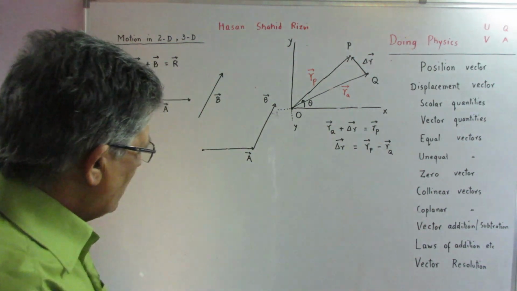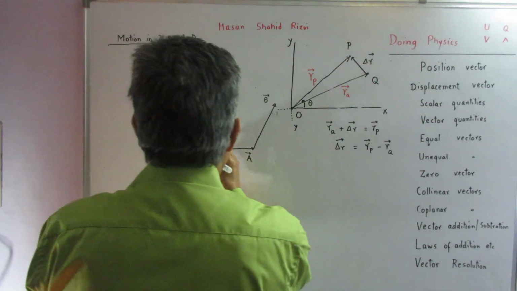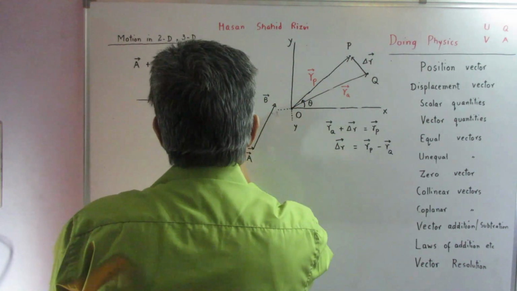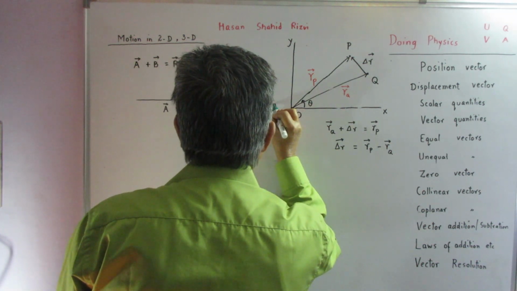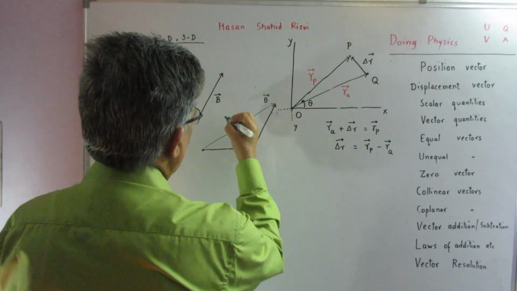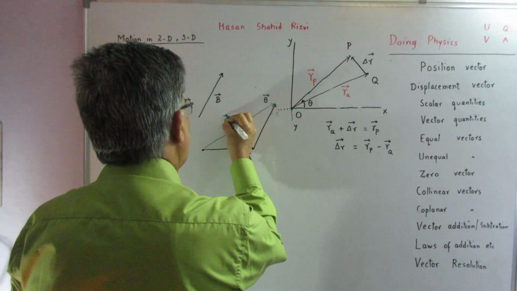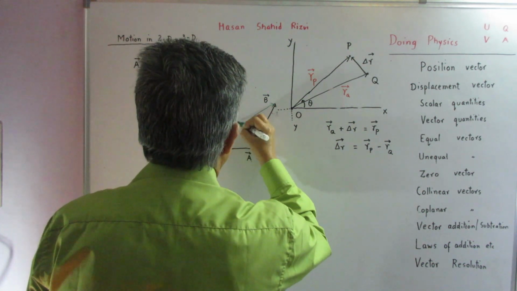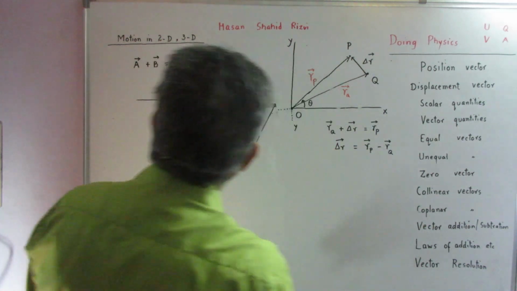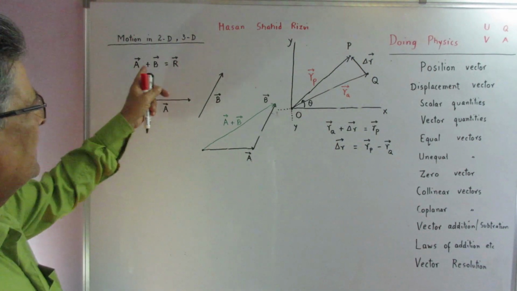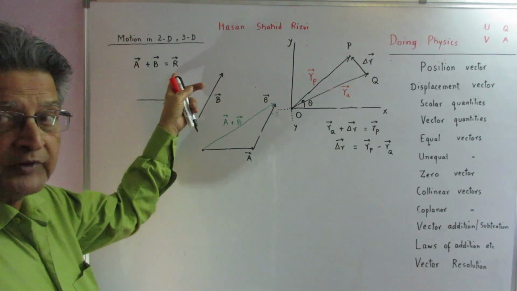So if I now connect the tail of the vector A to the head of the vector B and obtain this line here, then this gives us the sense and the magnitude of the vector A plus B. The condition is that the two vectors should be of the same family, and what results is also of the same family.